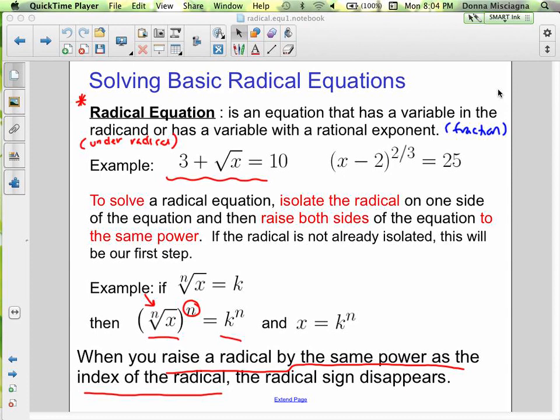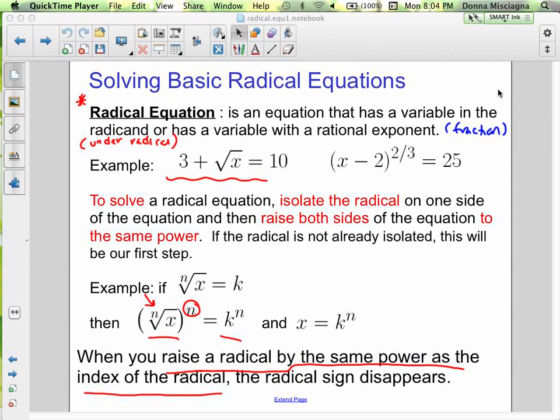To solve a radical equation, isolate the radical on one side of the equation and then raise both sides of the equation to the same power. If the radical is not already isolated, this will be our first step. So for example, if the nth root of x equals k, then we're going to raise both sides to the nth power, and the exponent and the root will cancel each other out.